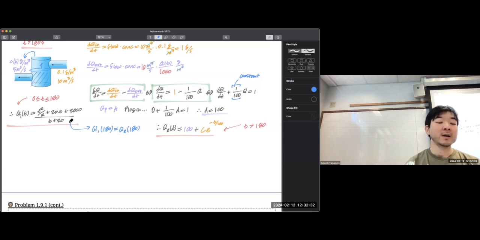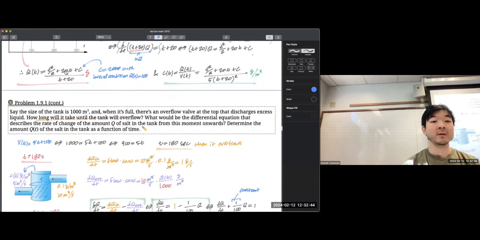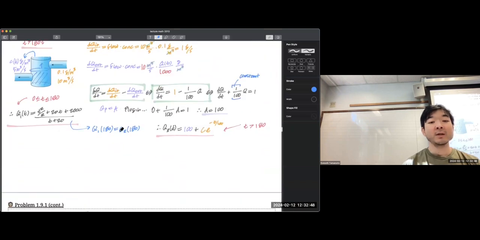So this is modeling the salt between 0 and 180 seconds in the tank. This is modeling after 180 seconds, but they need to match up right at 180 seconds because this is just saying we're adding salt. There's some net gain of salt because basically this red line is going up. And then this is like an exponential decay.